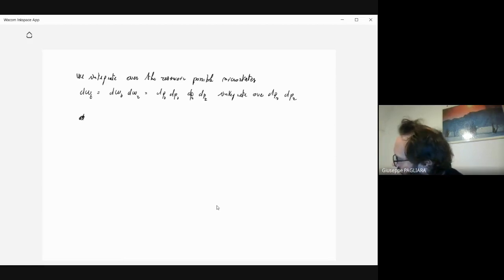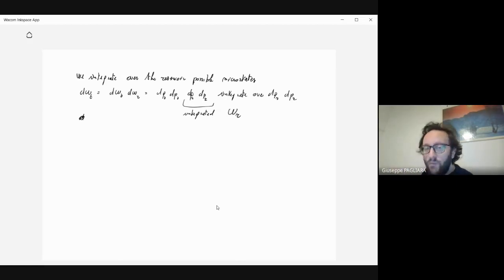When I integrate over this, I get omega r, which is a volume occupied in the phase space, but for what concerns the reservoir.